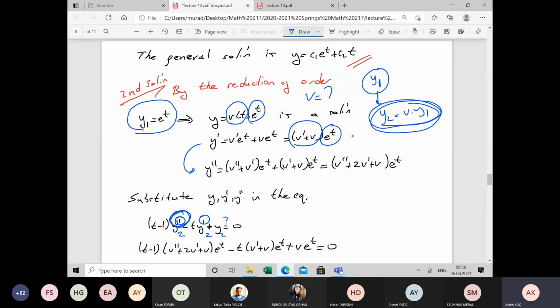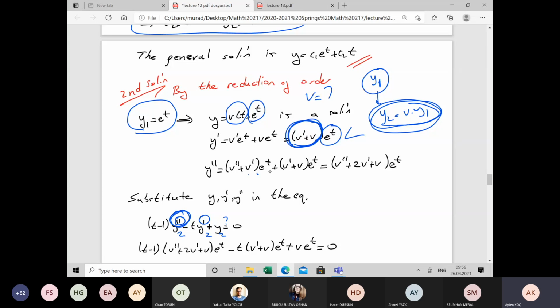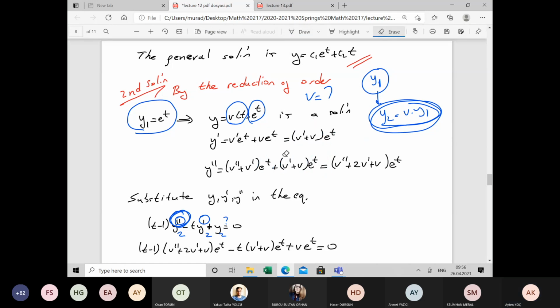So y double prime: use the product rule, the derivative of the first one, v double prime, plus v prime times the second one, and the first one times the derivative of the second one, e to the t. Rewrite this one with e to the t as a common factor, so we obtain this one.